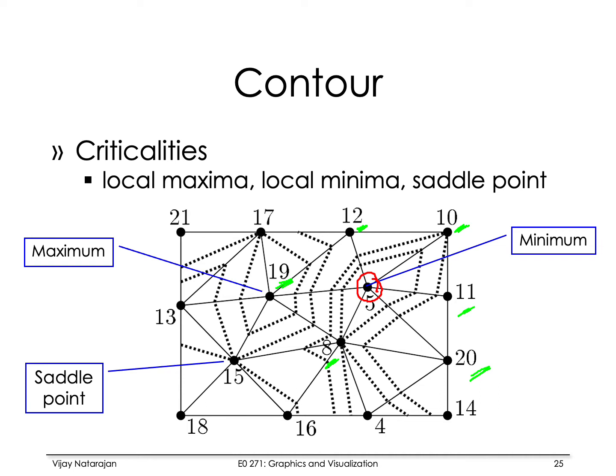Similarly, 19 is a local maximum, as we can see by looking at all the neighbors. What is interesting is the saddle point 15. If you look at the neighbors of 15, some of them are higher and others are lower. As you walk along the ring surrounding 15, you will see that the higher values alternate with the lower ones.